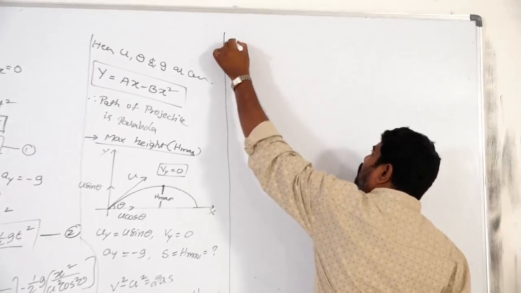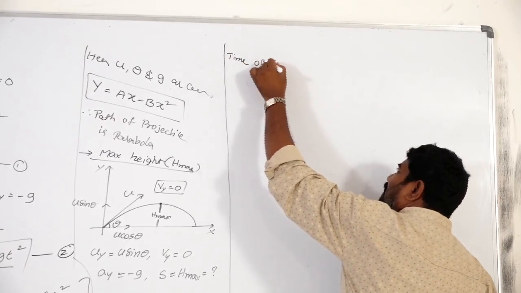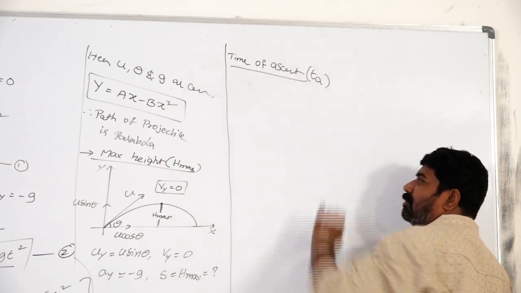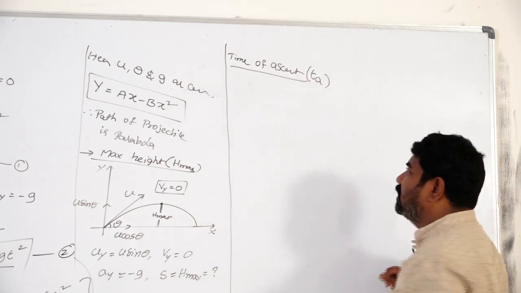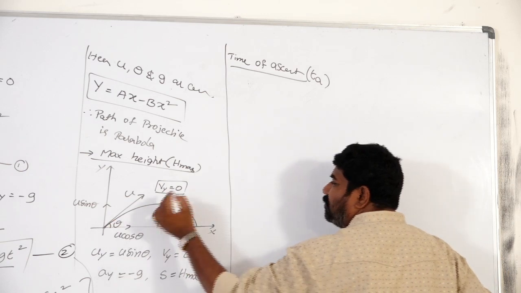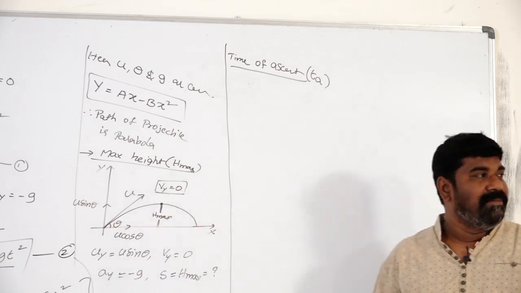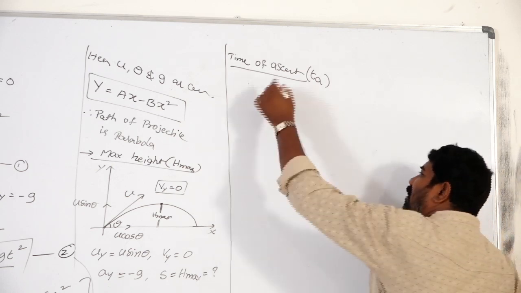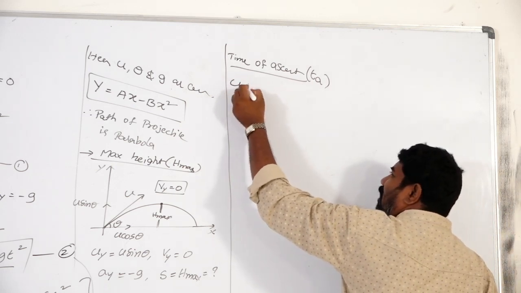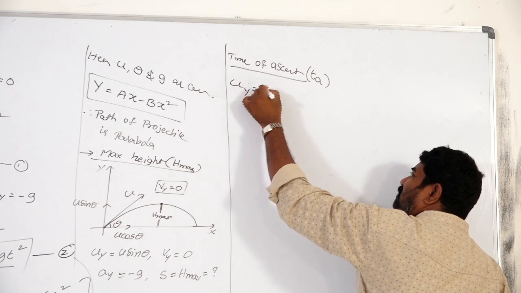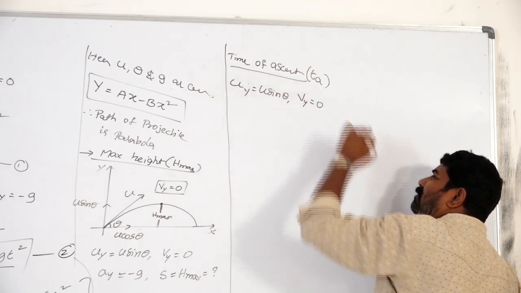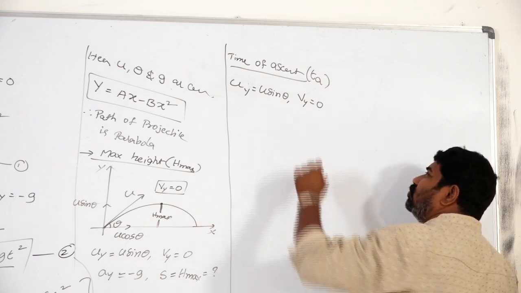Now time of ascent. What is the time of ascent? That is T_a. The time taken to reach maximum height is called the time of ascent. Here the initial vertical velocity is u sin θ. At the maximum height, vertical velocity is equal to 0.